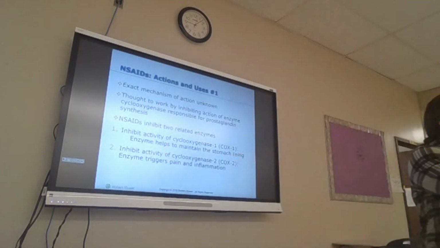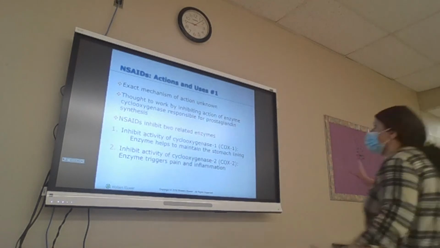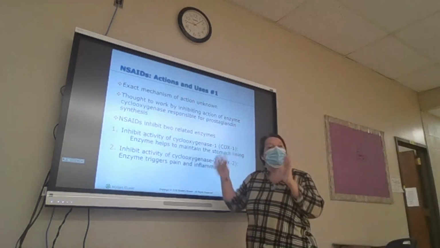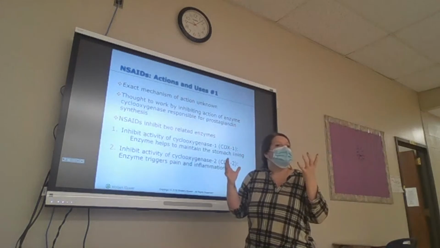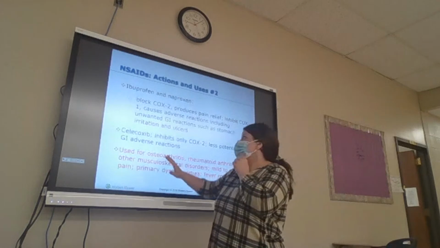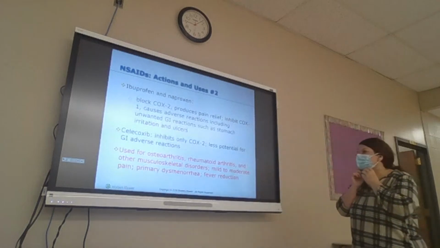So if we're blocking that enzyme, what is potentially happening to our stomach lining? It's deteriorating, it's at risk for ulcers, that mucus is decreased. So y'all probably know this already, what are NSAIDs bad for? The GI system. Stomach irritation and ulcers.